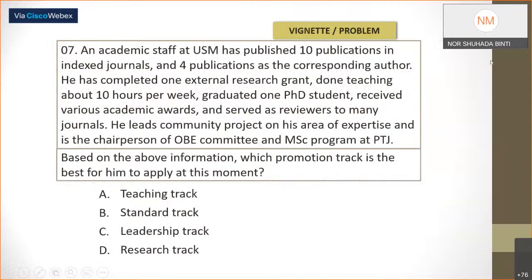For number 7, I think it's one best answer. The reason is the question itself. It has a keyword, the promotion track, which is the best for him. So implying that all of the available tracks are available for him to apply.